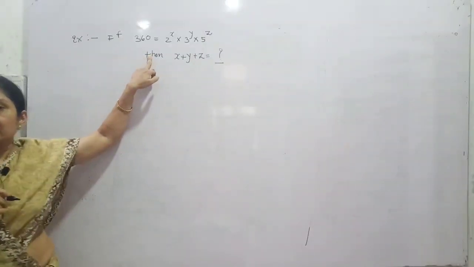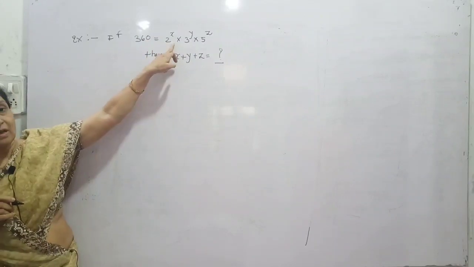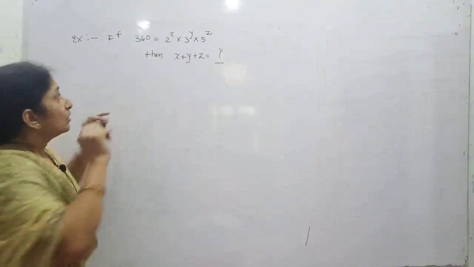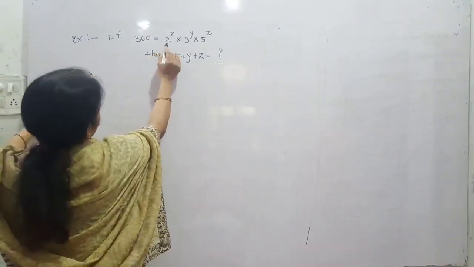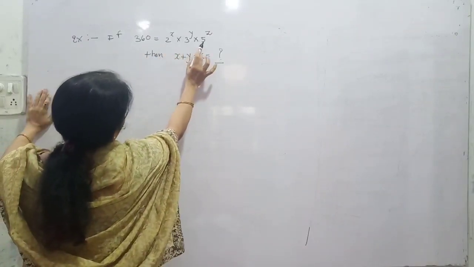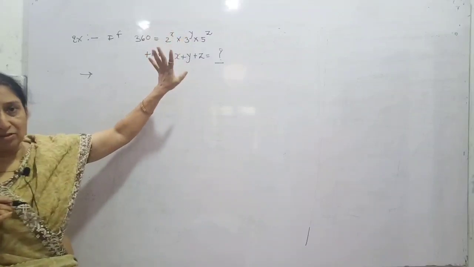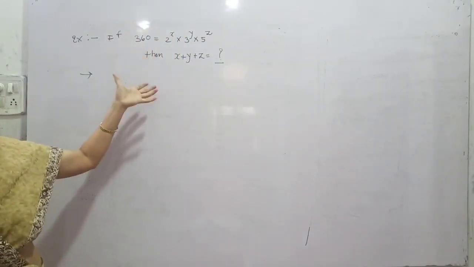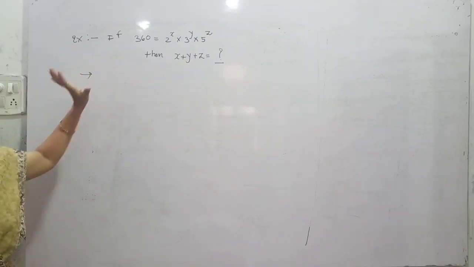Here 360 is expressed as a product of prime factors. All these are prime numbers 2, 3 and 5, and their exponents are not given. So you have to find prime factors of 360 and then you can find x, y, z.